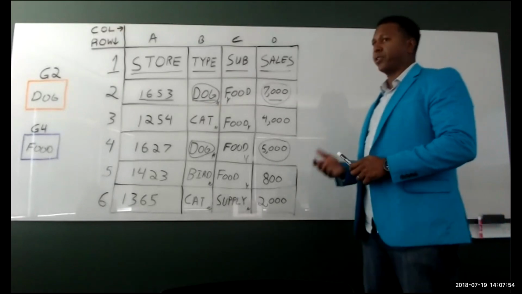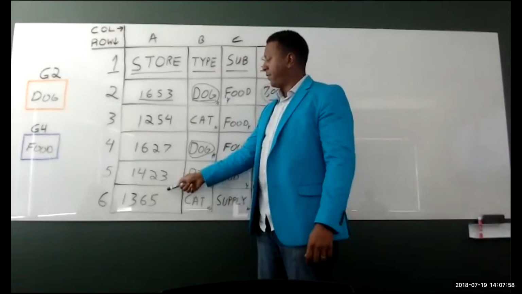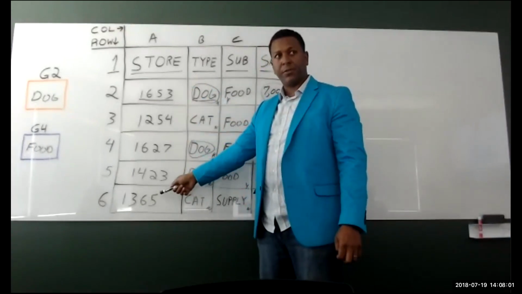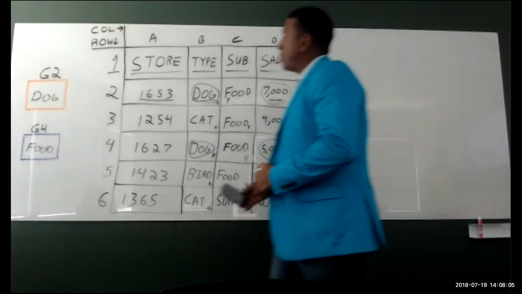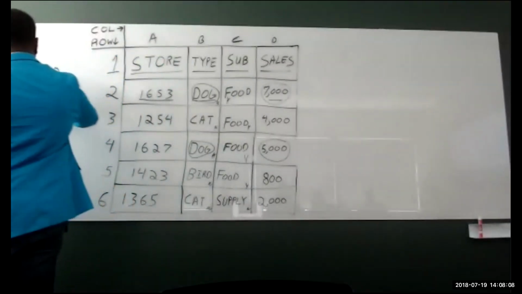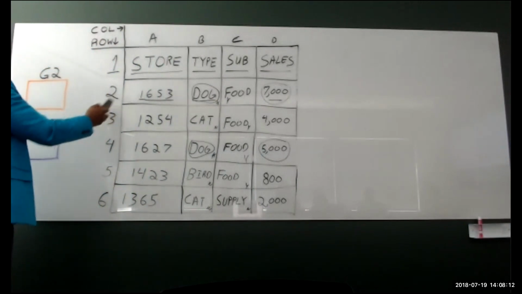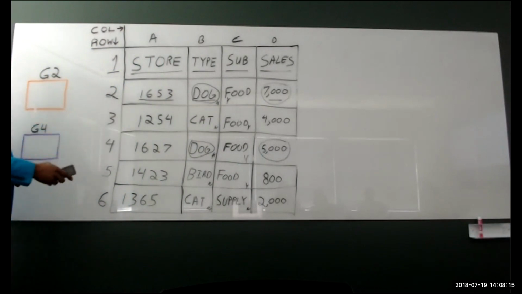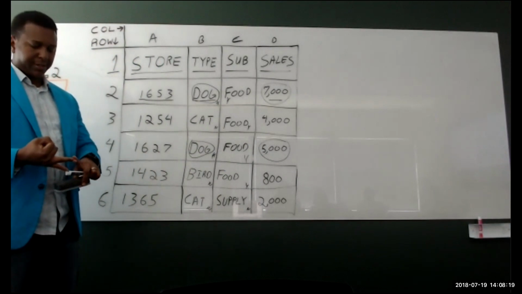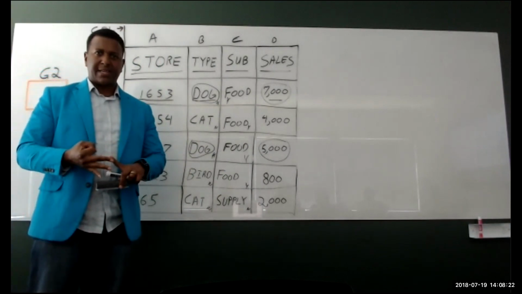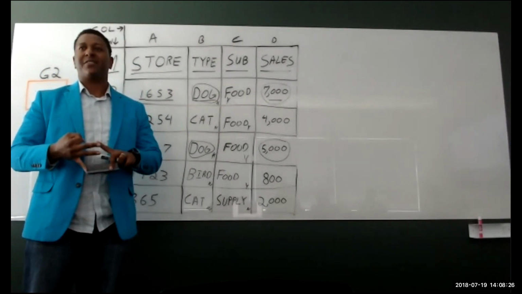A VLOOKUP is a vertical lookup. What that means is it's going to look within a column and vertically look for the information you want to find. Okay? So if I wanted to know what was the total sales inside of a list, first off, let's back up. VLOOKUPs, HLOOKUPs, index matches only look up on a unique data set.